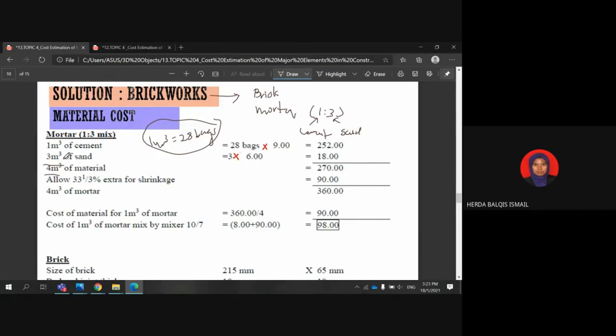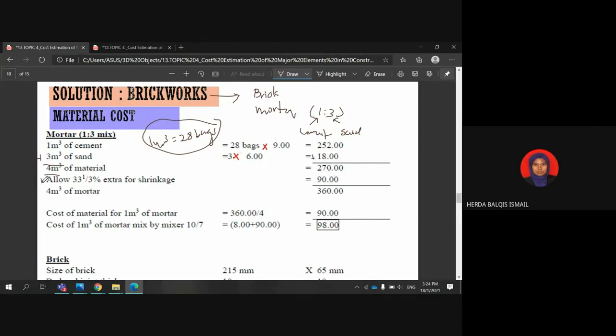The price for sand is given as 6 ringgit per cubic meter. Here 3 cubic meters are required, so we will get 18 ringgit. So the price for 4 cubic meters, arithmetically total up 1 plus 3 is 4, so 252 ringgit plus 18 ringgit, you get 270 ringgit.